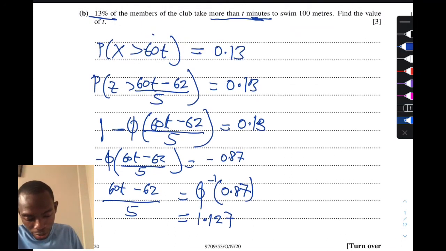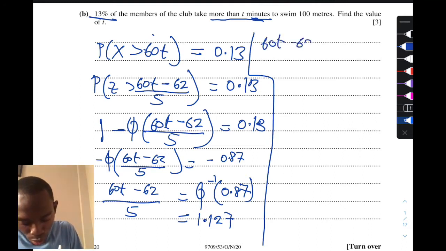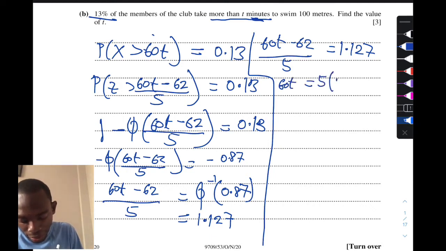All right, so now let's write here. We have (60t minus 62) all over 5 is equal to 1.127. You solve for t, so 60t is equal to, I would multiply that by 5, and then I would add 62. After that, for t, I would divide by 60.